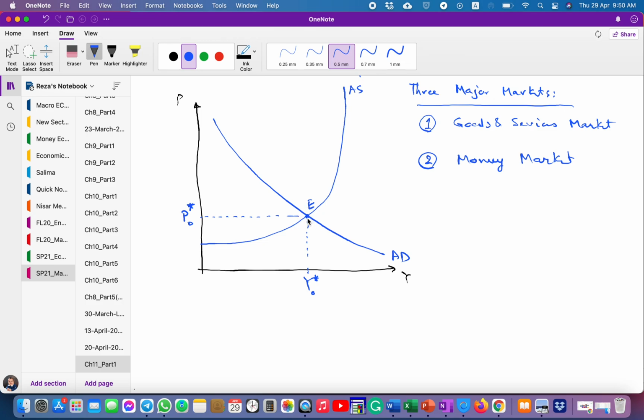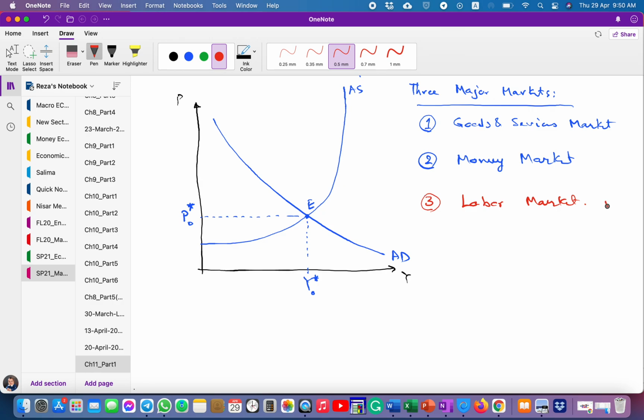The interest rate for this level of output is represented in the money market, where money demand and money supply intersect. And number three, I put it in red, we don't know whether the labor market is in equilibrium or not.